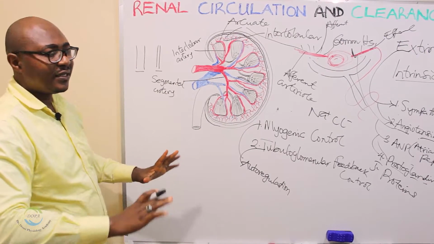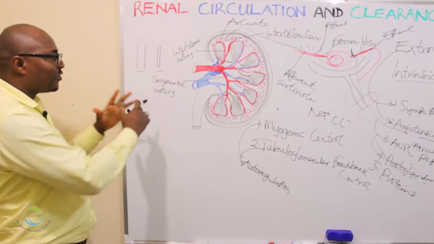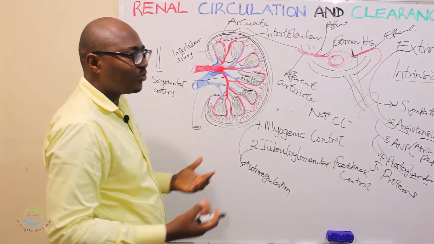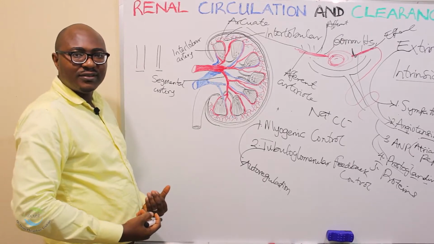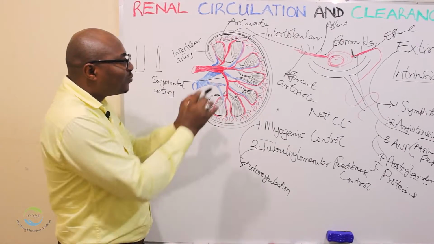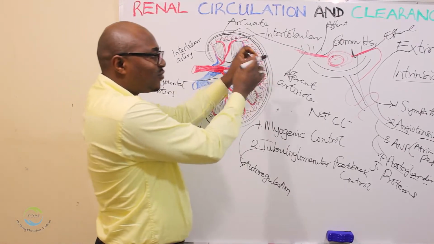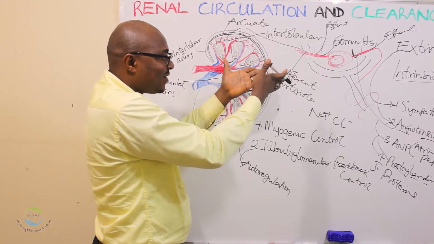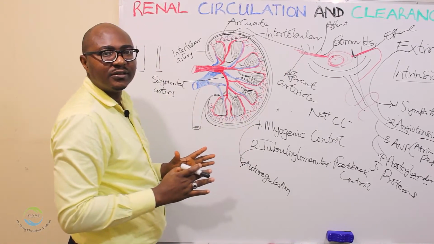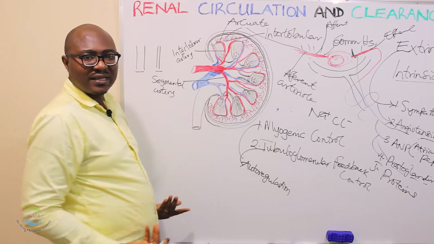Because ordinarily, if you want to measure renal blood flow, how do you do it? That means you have to open the person up and put instruments there to measure the renal blood flow practically, in real life. But you can't do that in a human being.